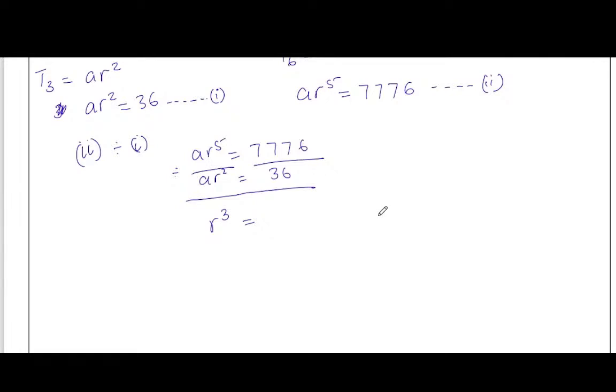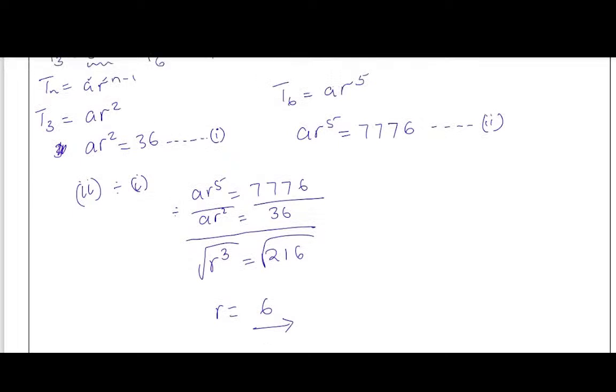And if I take 777,6 divided by 36, my answer is 216. Then I can either take the cube root, or express the 216 with an exponent of 3. If I take the cube root, my r is going to be 6. Mind you, the question was asking for the r and the a.